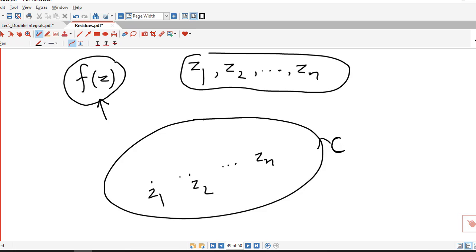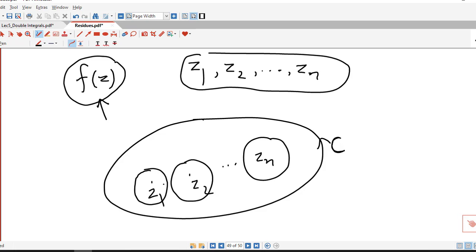Now f of z is not analytic at these points only. So these z1, z2, zn are isolated singular points. They will have deleted neighborhoods in which f is analytic.